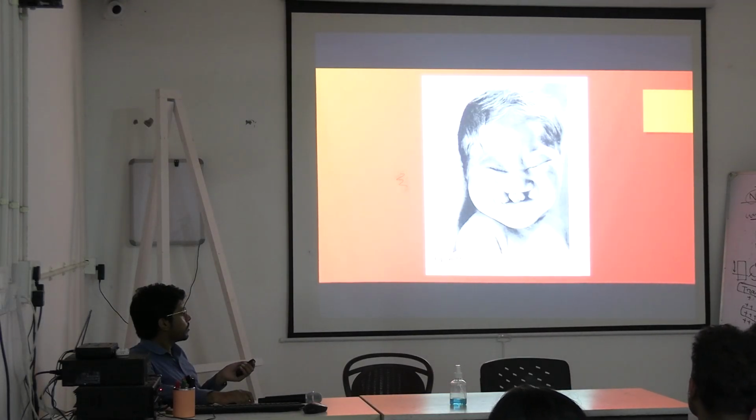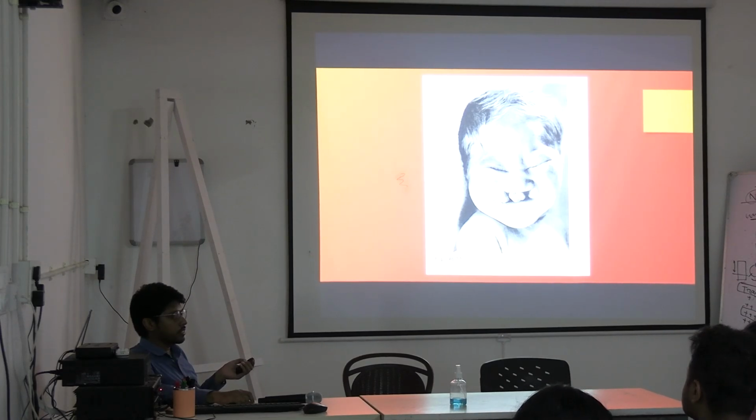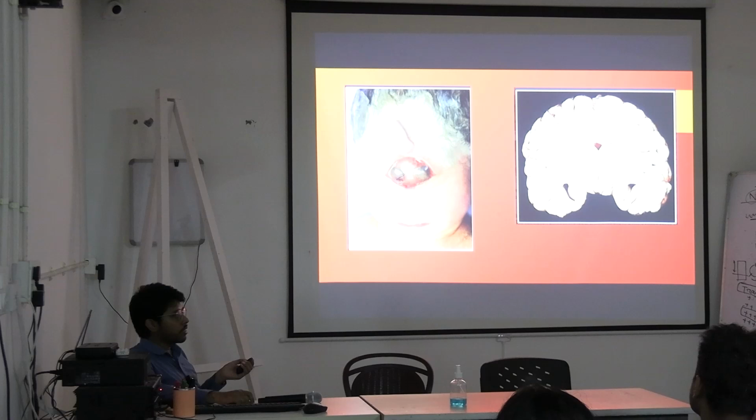This is a dysmorphic face. This is a child with trisomy 13. This is holoprosencephaly. Cerebral hemispheres are not divided here. No corpus callosum is there.